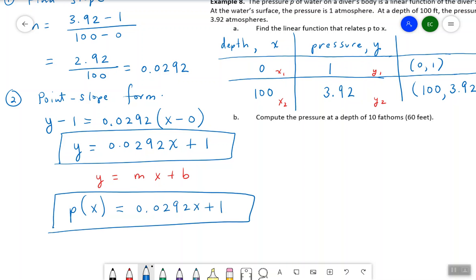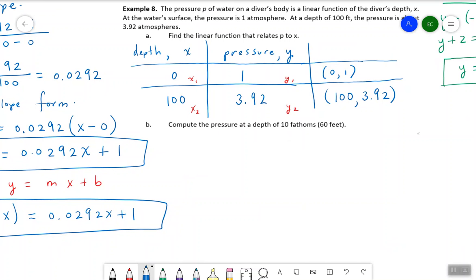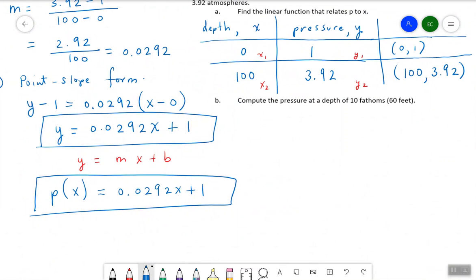Okay. And so then in part B, find the pressure at a depth of 10 fathoms, which is 60 feet. Make sure we're using the right units. Our depth, x, was measured in feet in the problem, and so we need it in feet now. So we'll write P of 60, right?